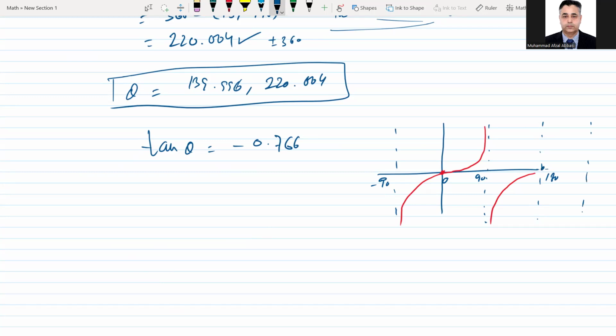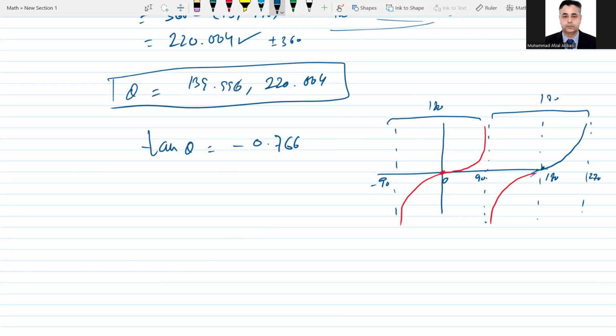So it will be like this. Between 90 to 270, we have an angle of 180 degrees. Or if I take this whole graph, it completes one cycle from minus 90 to plus 90, that is 180 degrees. It means the graph takes the whole shape in 180 degrees. So the period of the tan function is 180 degrees. This we have to keep in mind while solving the equation.